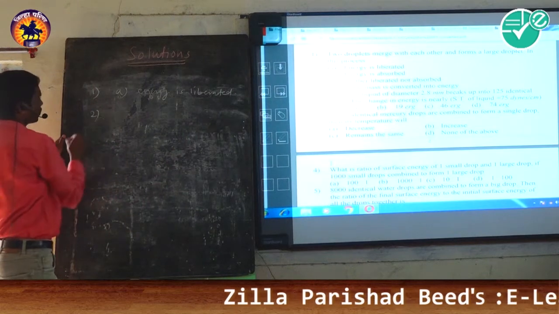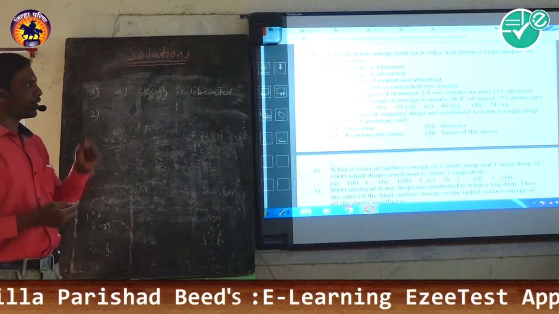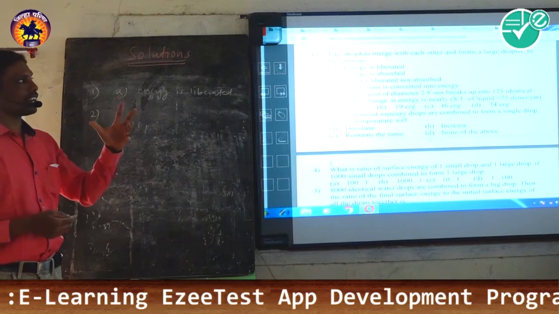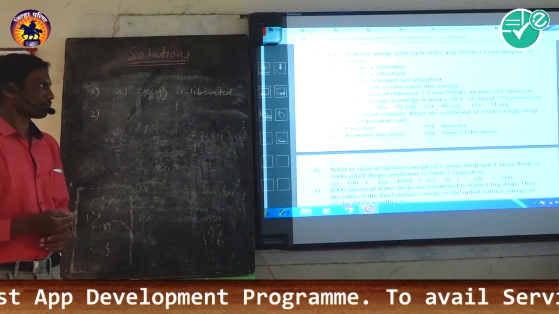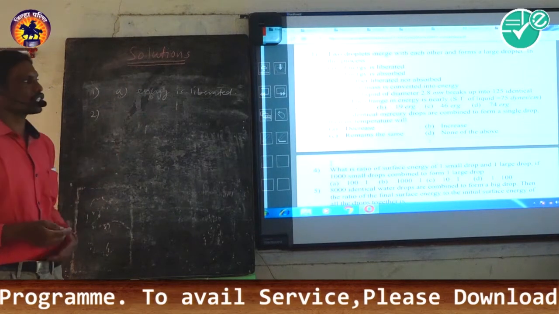Then the second MCQ. A drop of liquid of diameter 2.8 millimeter breaks up into 125 identical drops. The change in energy is nearly, the surface tension of the liquid is given.